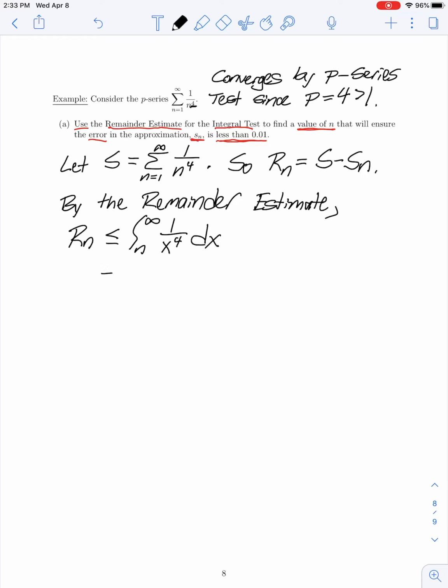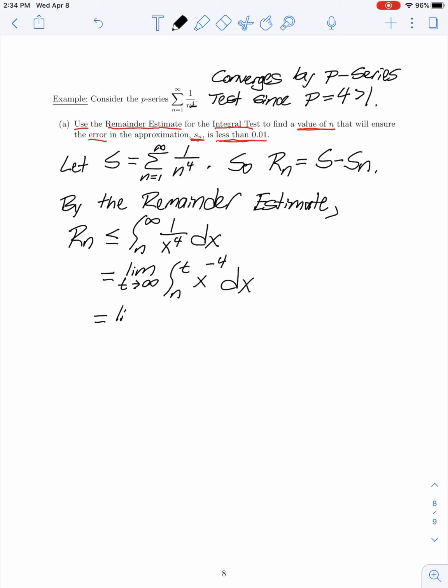So to evaluate this improper integral, we use a limit. Instead of infinity in the upper bound, let's use t, as t approaches infinity, the integral from n to t of 1 over x to the fourth, or x to the negative fourth dx.